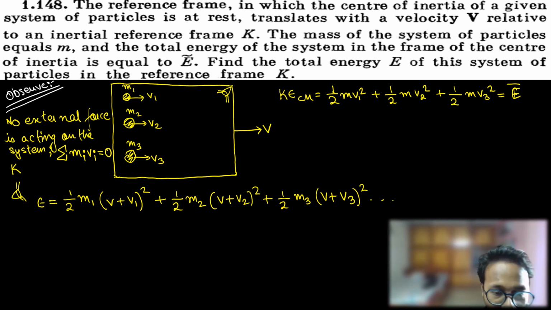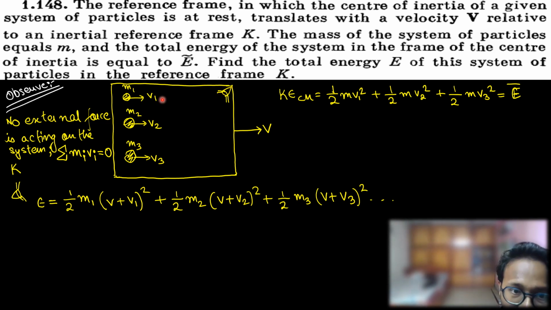That means what I have written out here is, if any observer sees from this camera, he'll see that the net momentum of all these particles inside the box is equal to 0, because the box is not accelerating anywhere. Understood?